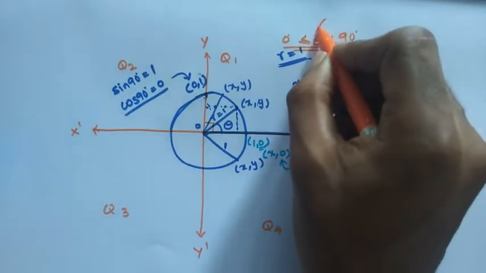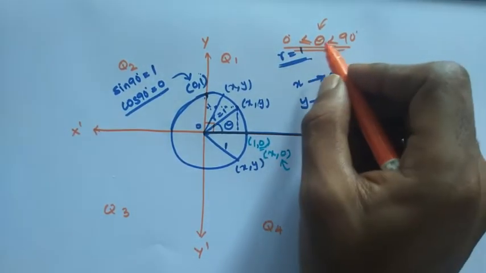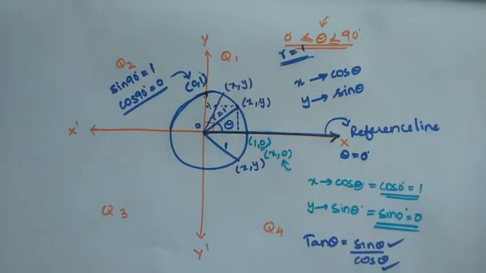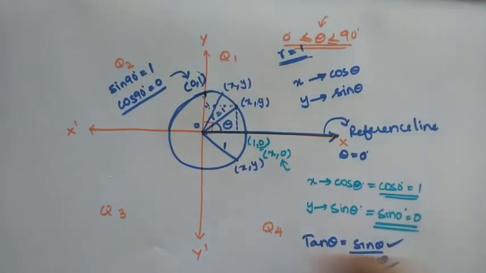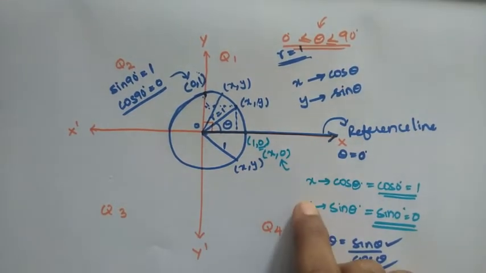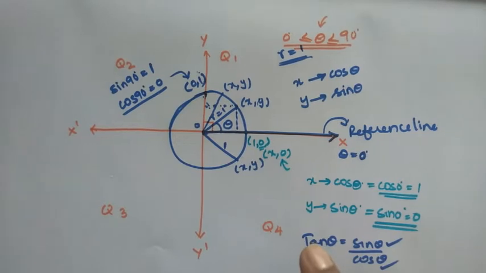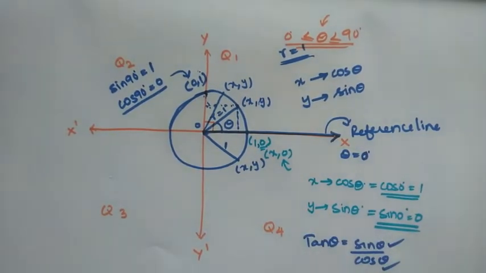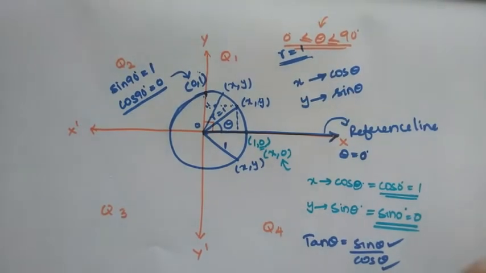So see here, this theta is always between 0 to 90. So what if this theta is more than 90? If this theta is more than 90, it can come in quadrant 2 or quadrant 3 or quadrant 4. Then this way of approach must be different. Okay, I'll tell you.